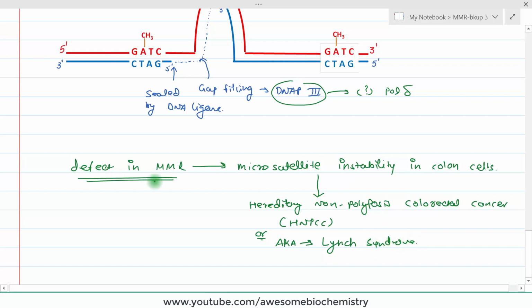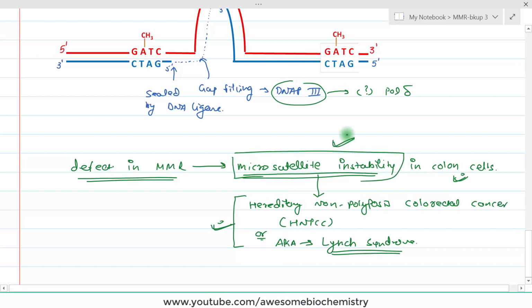So whenever there is a defect in mismatch repair, it leads to microsatellite instability, particularly in the colon cell, and which leads to this type of cancer. This microsatellite instability is the hallmark of Lynch syndrome that we need to remember.